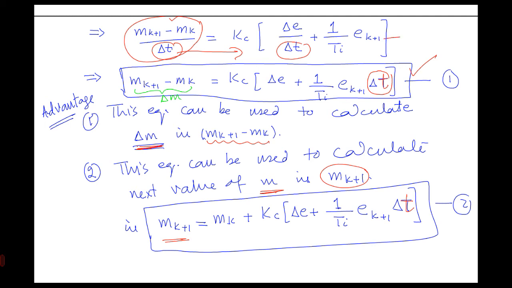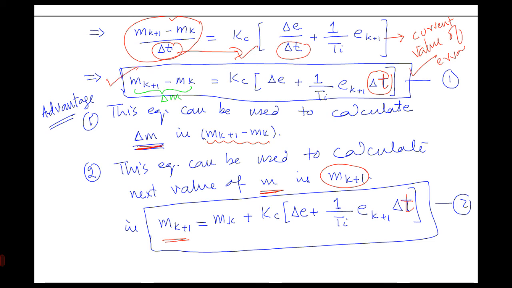You can think of k plus 1 as the current value of error, and therefore the previous will be E of k. Multiplying and taking delta t to the other side, we arrive at equation number 1.